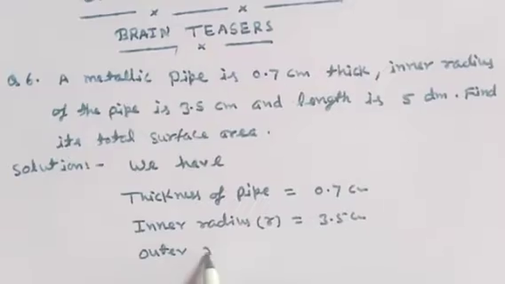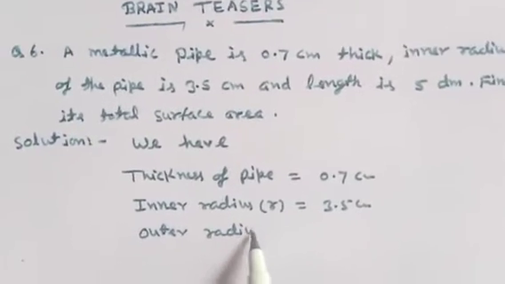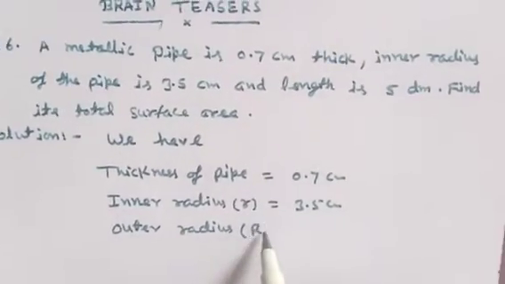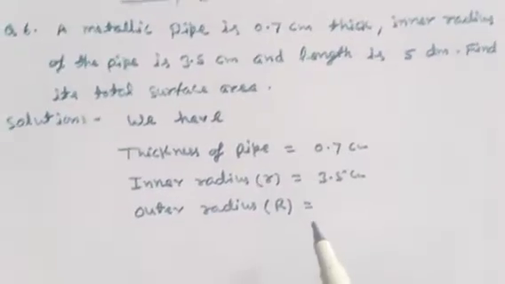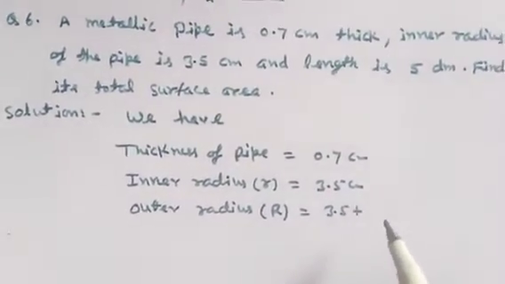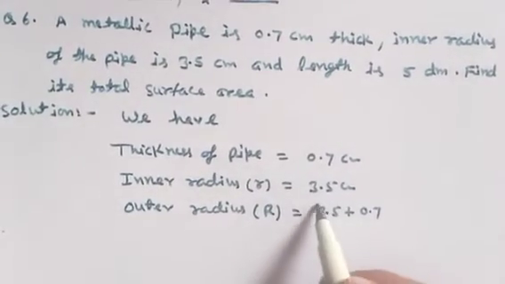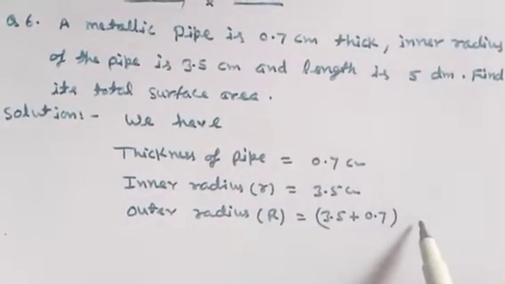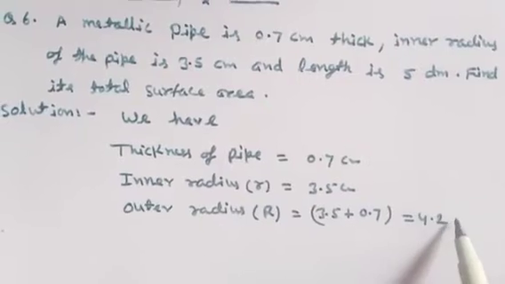Outer radius denoted by capital R equal to inner radius plus thickness, 0.7, equal to 4.2 centimeter.